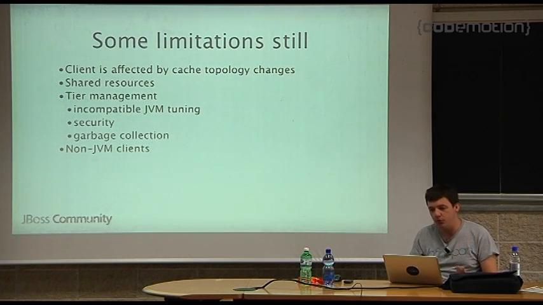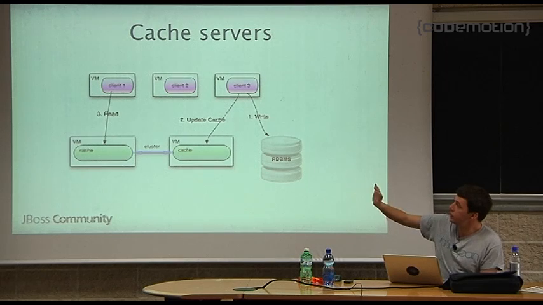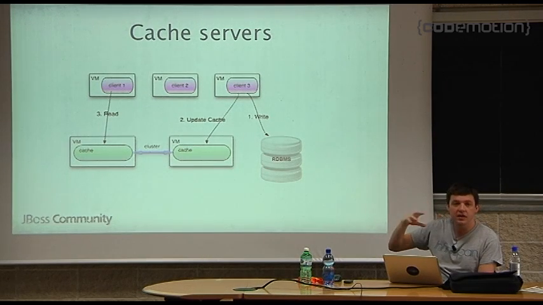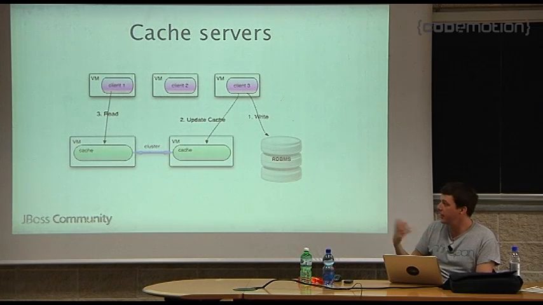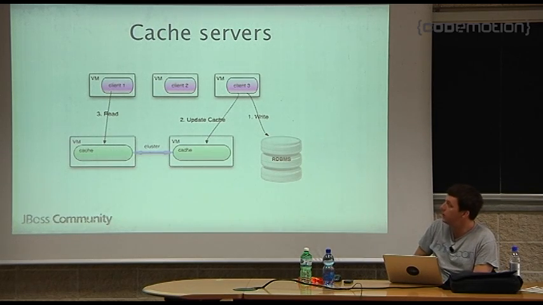So in order to overcome these limitations, what you can do is use cache servers. In this situation, the client processes live in a totally different place than the grid processes, all these squares being processes. So we have 3 clients, all of them living in their own process.